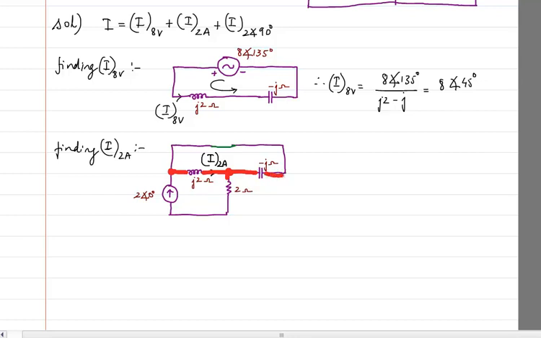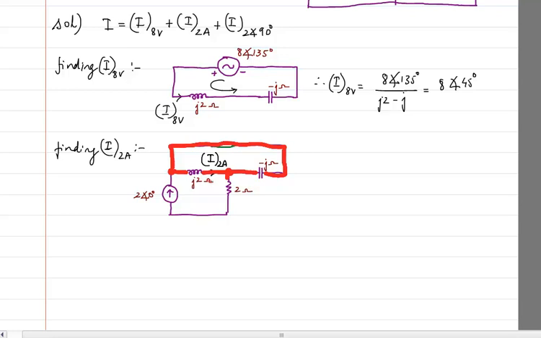Then the other end is actually connected to the other terminal. So now you can see that one end of minus J is connected to one end of J2, and the other end is connected to the other end of J2. So both of these are in parallel.